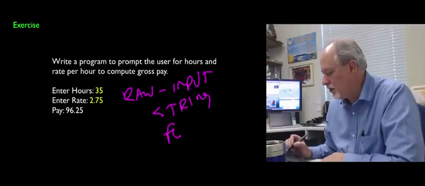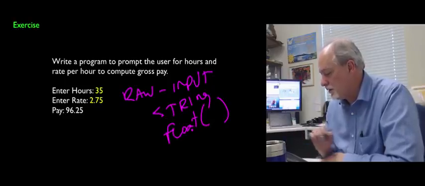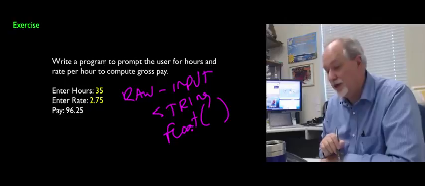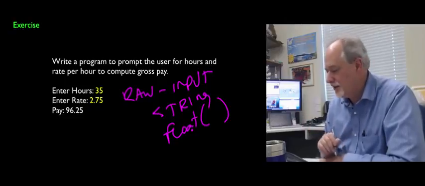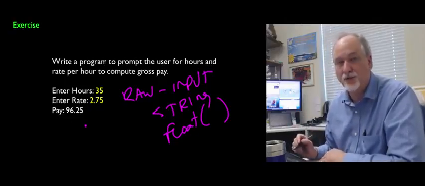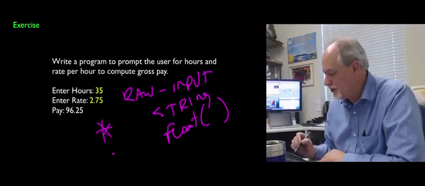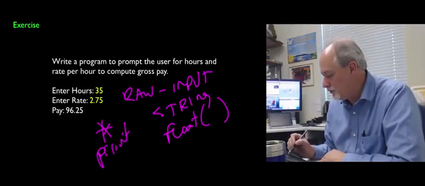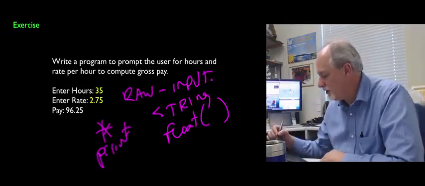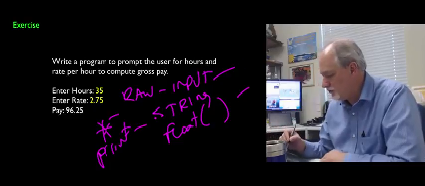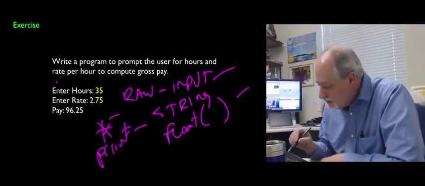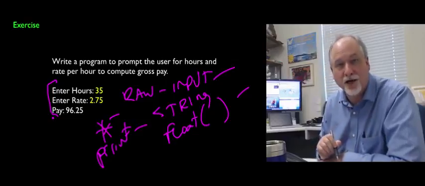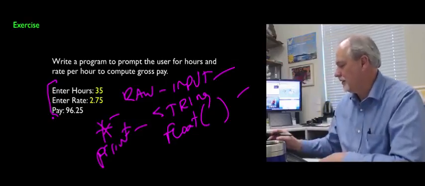So you're going to have to use float, the function, to convert it to a floating point number so you can actually do a calculation. And then you're going to have to use multiplication and print. So it's some combination of raw input, float, multiplication, and print, constructed to make your program do exactly this.